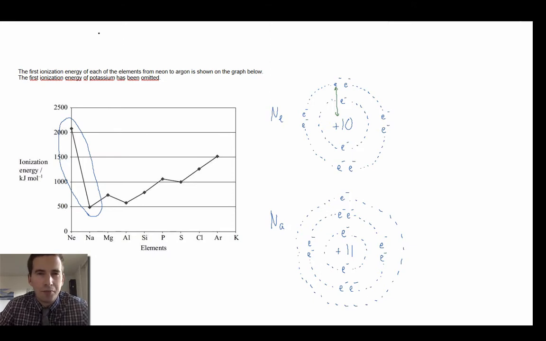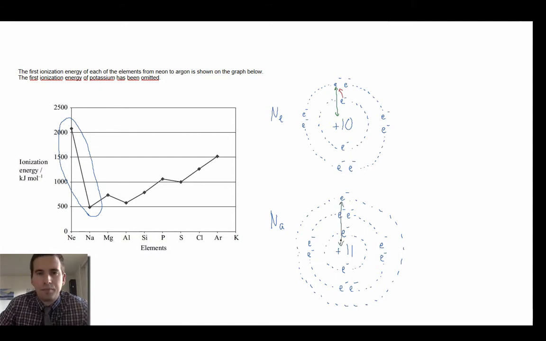So that's the attractive force you have to overcome. You also have repulsion from the electrons in the first shell. So this has a certain value, as you can see from the graph, a little bit over 2000 kilojoules per mole. But then there's a huge drop to sodium.